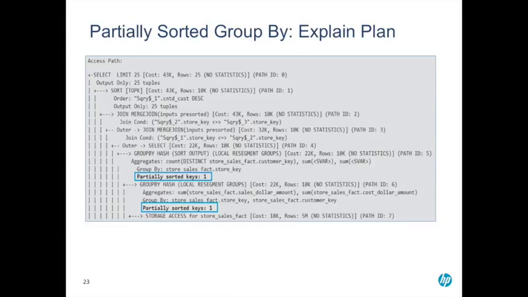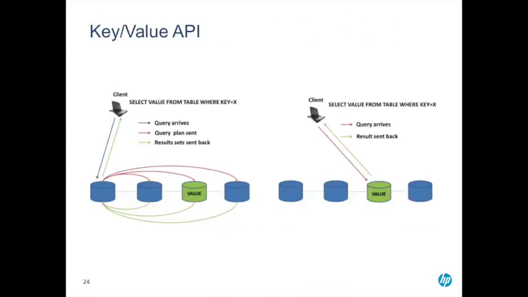Okay. The next thing that we are going to talk about is the key value API. The idea here is that Vertica is good at a few big queries, but it's not always been so good at many small queries.